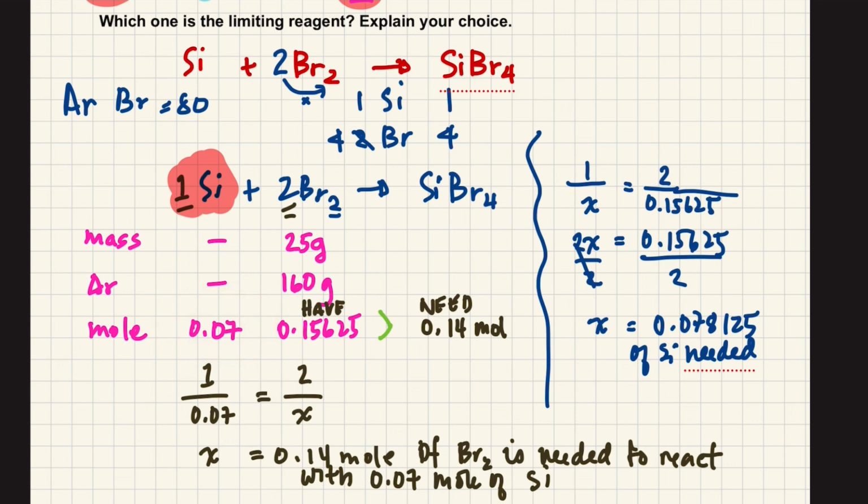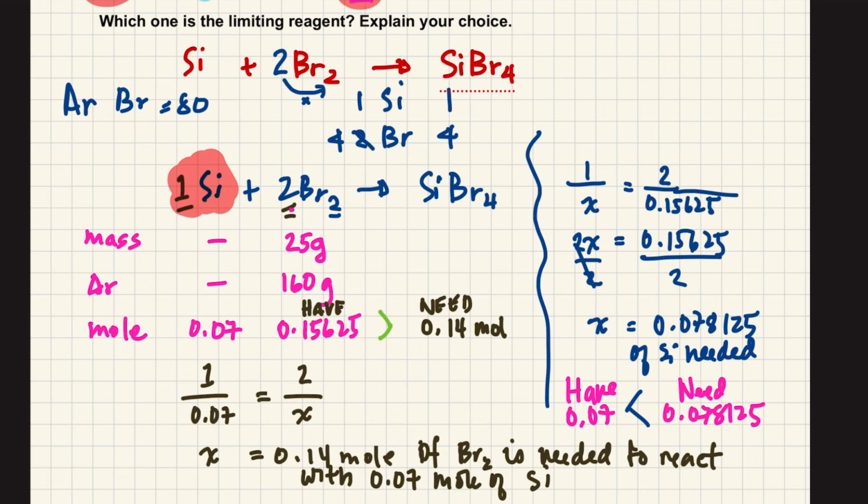We have 0.07. If we are reacting with 2 molecules of bromine, we need 0.078125 mole. So as you can see, what we have is less than what we need.